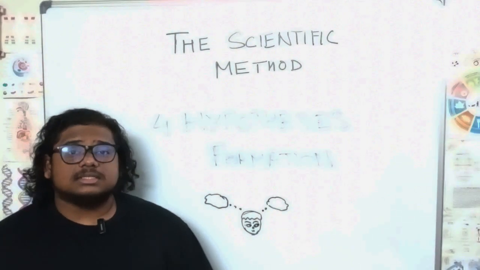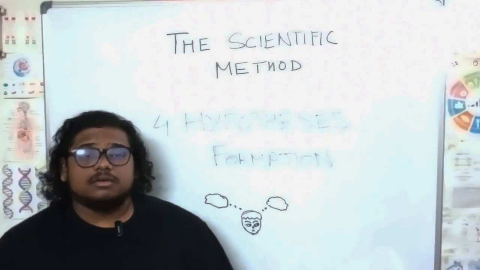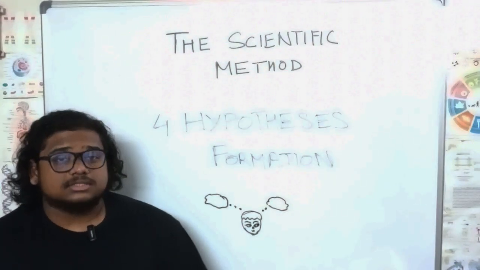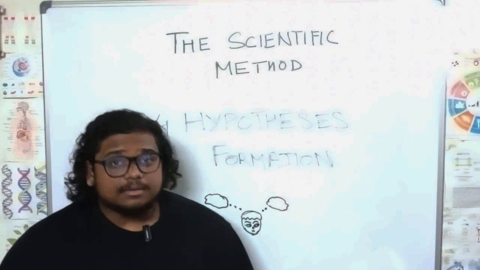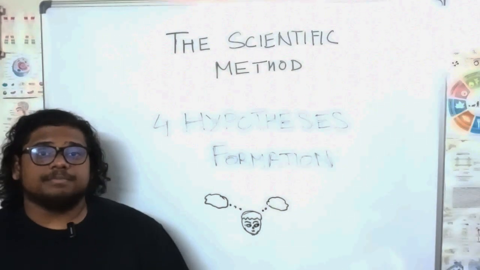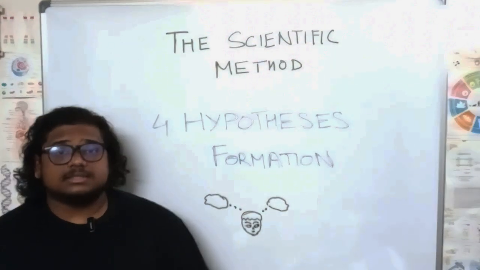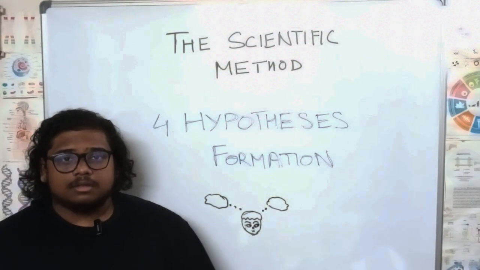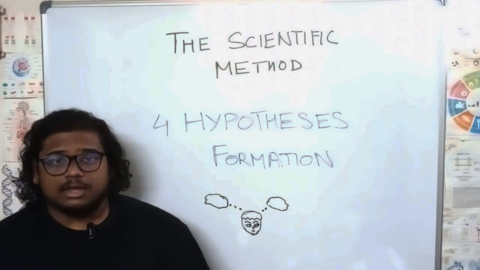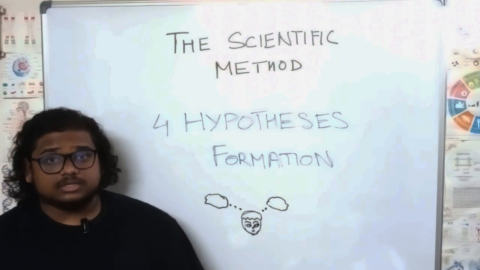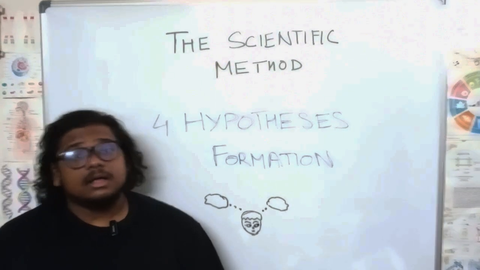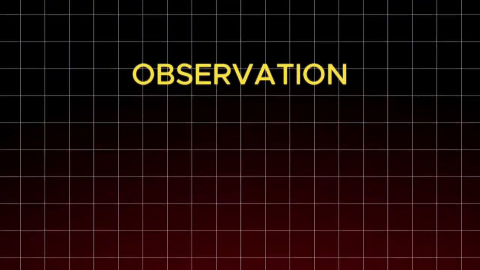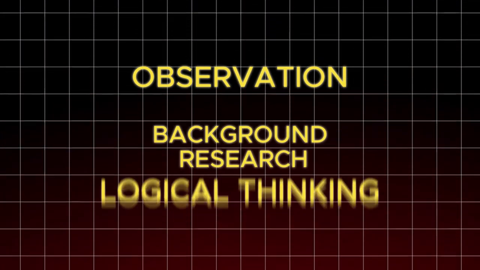A hypothesis is a possible explanation for your problem. A hypothesis is an idea that can be tested. अब इसका मतलब क्या हुआ? It means that जो भी guess हम करते हैं for any problem, हम उसको perform करके देख सकते हैं and पता लगाते हैं कि क्या उस hypothesis से हमको solution मिलेगा या नहीं. It is based on your observations, your background research, and your logical thinking.